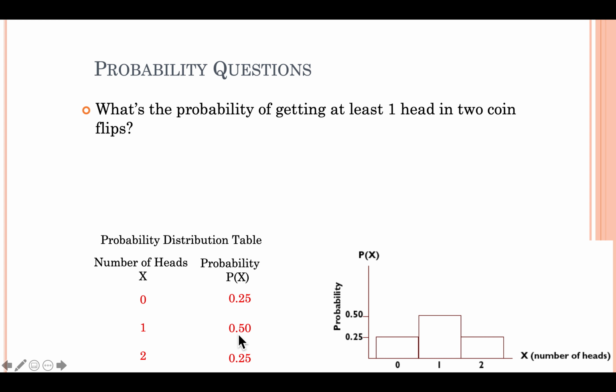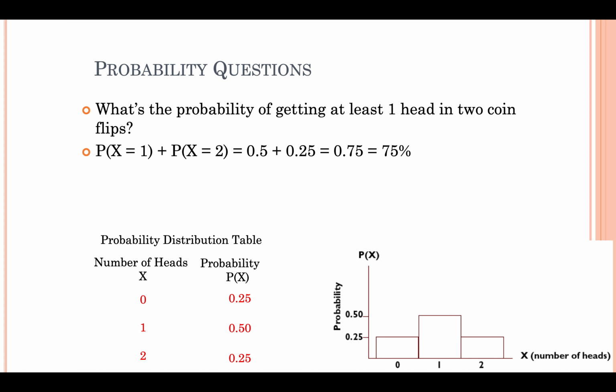So we would add 0.5 and 0.25, and that would be our answer, 0.75. The probability of getting at least 1 head is 0.75. Again, we could do it with the histogram. We would add up the sum of the bar for x equal 1 and the bar for x equal 2. 0.5 plus 0.25 is 0.75.